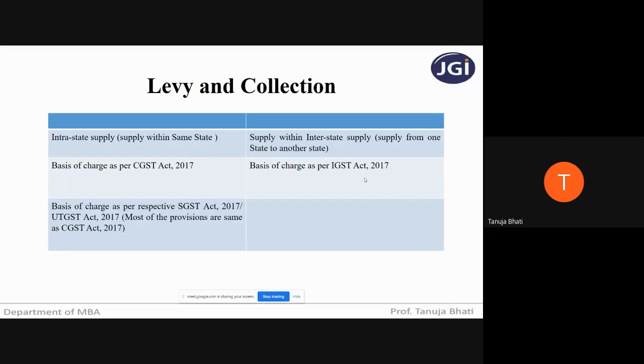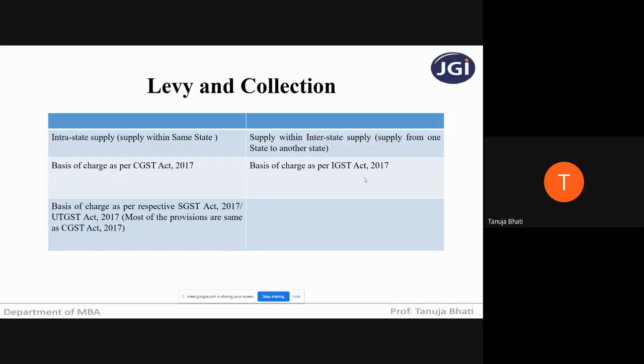We have seen in case of RCM, it is the recipient. In case of forward or normal charge, it is the supplier. And supplies which are outside the scope of GST, like alcohol for human consumption, are not under the scope of GST. So therefore, no tax will be levied on that. No GST will be levied on alcohol for human consumption.